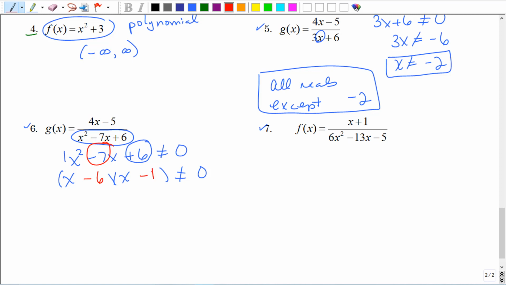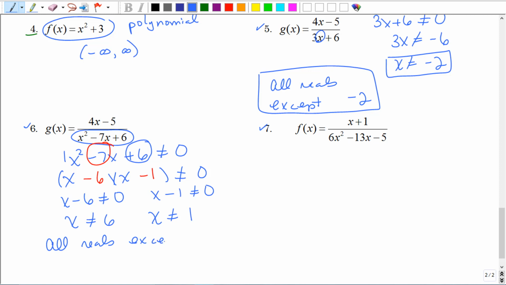And those two numbers would be negative 6 and negative 1. Those add to negative 7, multiply to positive 6. So then we set each factor not equal to 0 and solve for x. So that means these are all reals except 6 and 1.